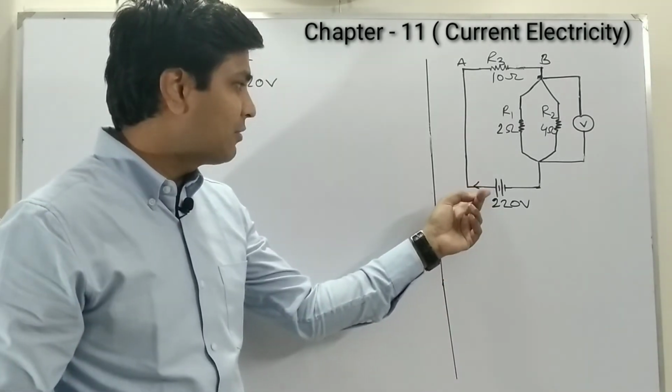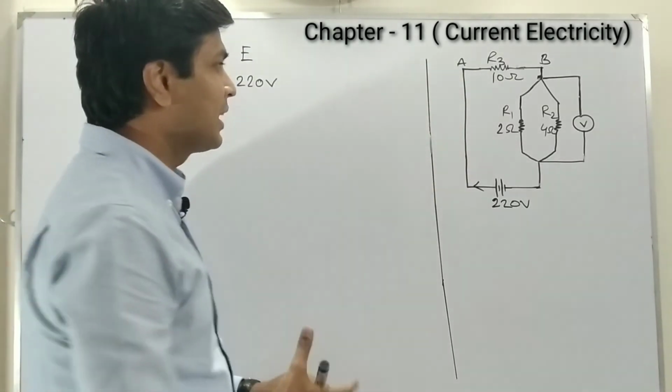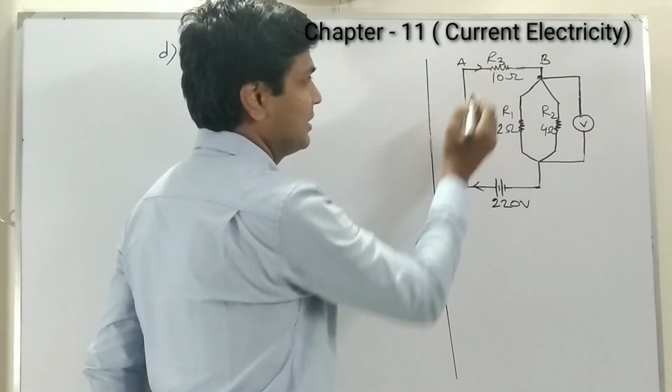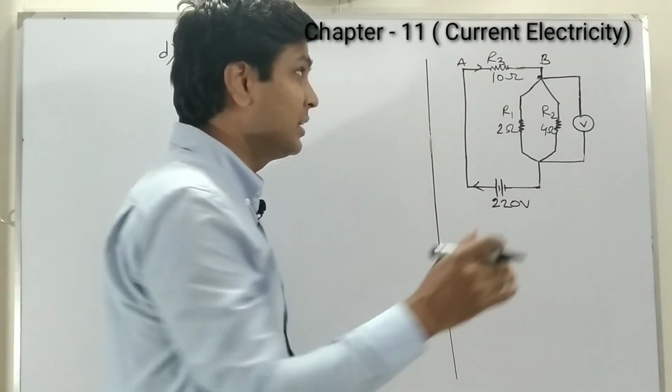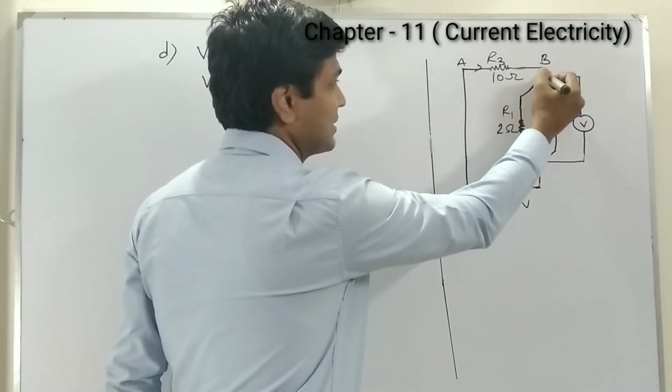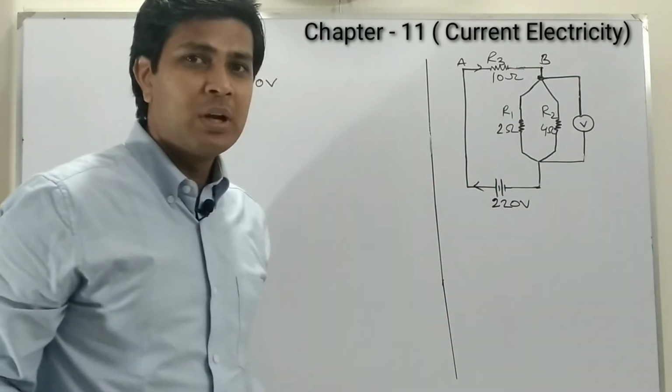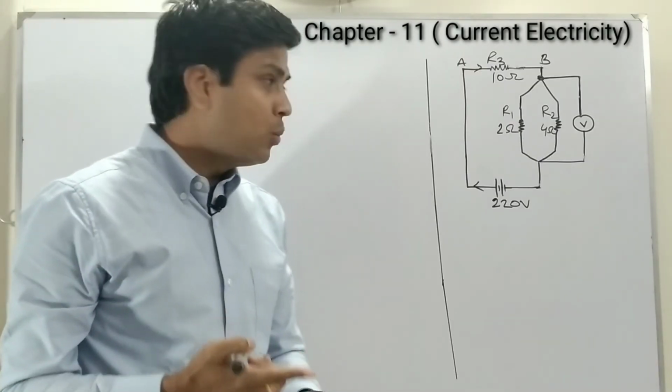The current starts flowing, and when the current passes through R3, it flows in the same line, and when the current comes to that point, it gets two ways to flow.